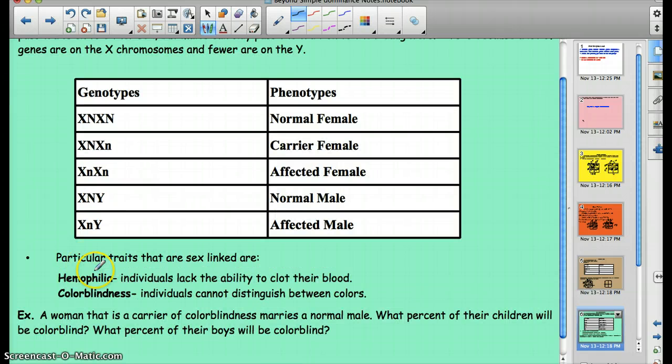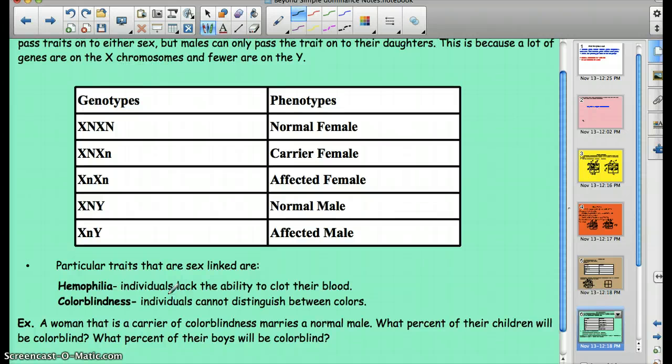And the two most common sex-linked traits are hemophilia, which is the inability to clot your blood, and color blindness, which is not being able to distinguish between colors. So a normal female has these big N's on her X. A carrier has this little n on one of her X's, and an affected female has these two little n's. Whereas a male either doesn't have it or he has it. See, there's nothing on the Y to cover it up, whatever's on this X chromosome.